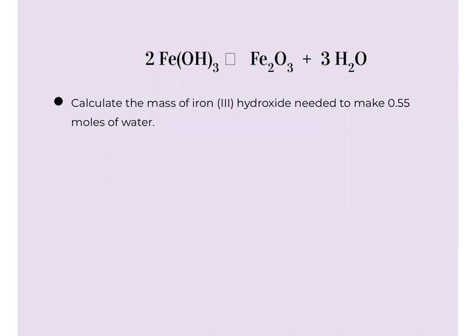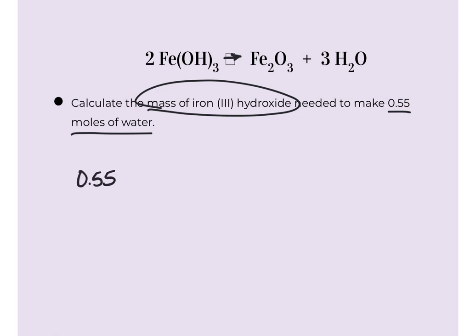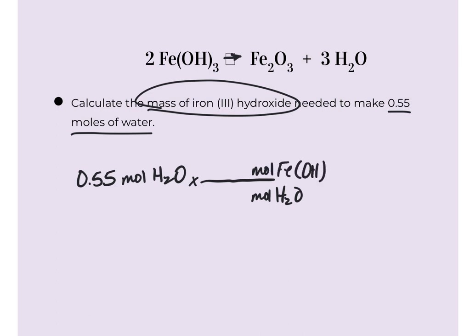Let's try one more, just because practice makes permanent. Here, we are starting with 0.55 moles of water. We're being asked to calculate the mass of iron hydroxide that would be needed to make that much. So we're starting with 0.55 moles of water. We're going to convert moles of water into moles of Fe(OH)3.